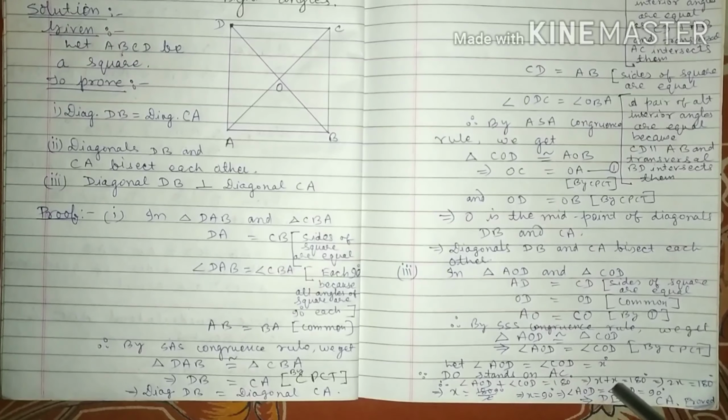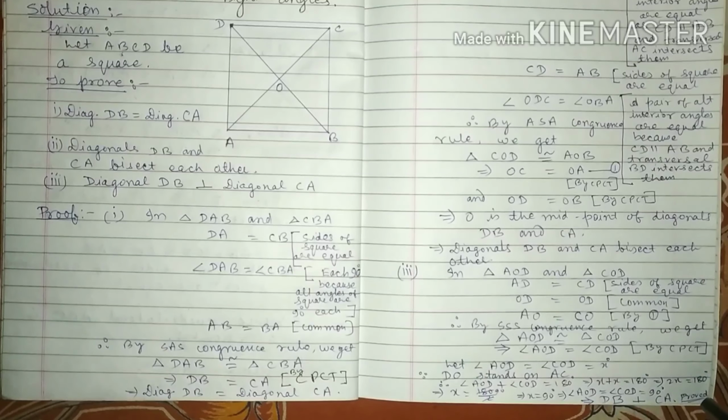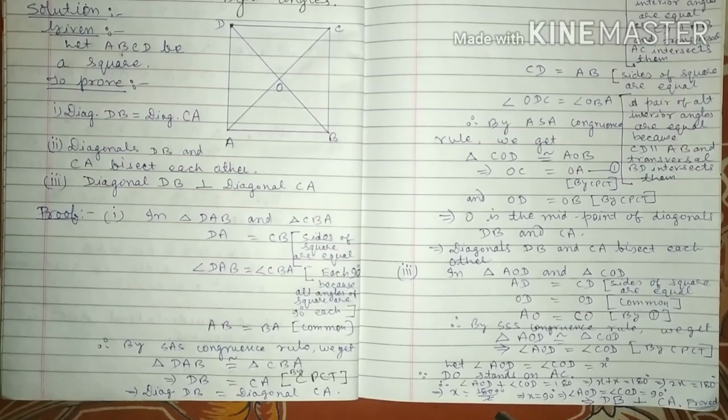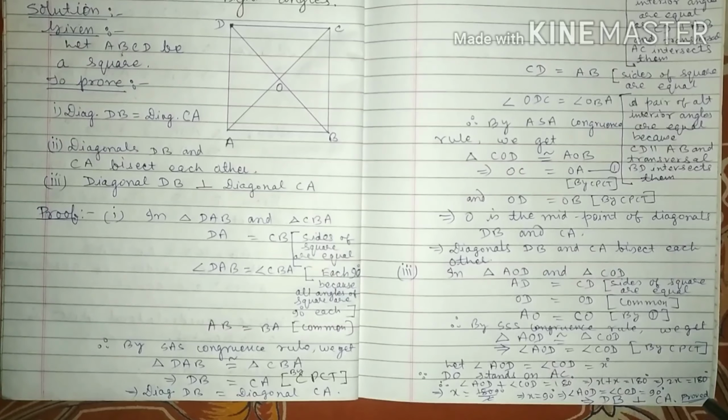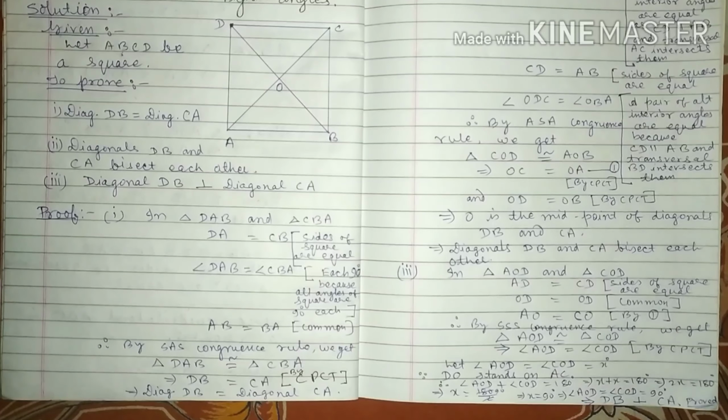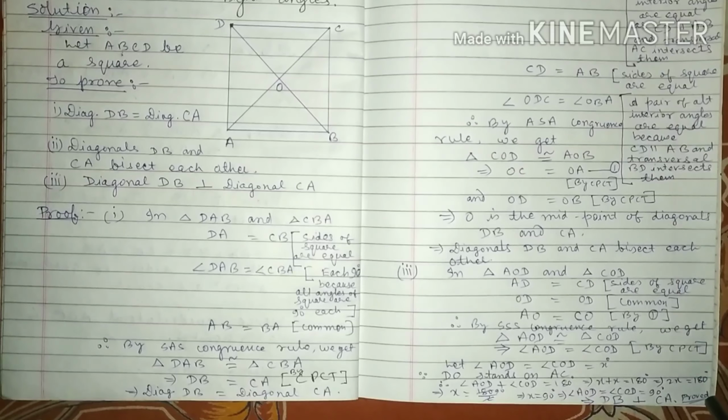We write x plus x is equal to 180. This implies that 2x is equal to 180, x is equal to 180 by 2, x is equal to 90 degrees. This implies that angle AOD equals angle COD equals 90 degrees. This implies that diagonal DB is perpendicular to diagonal CA.